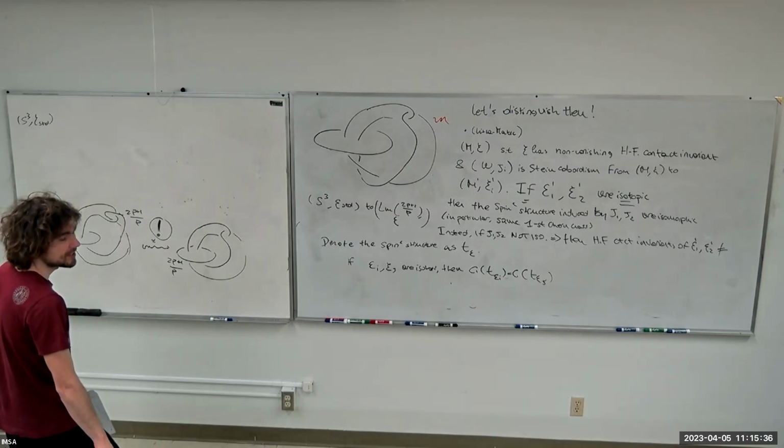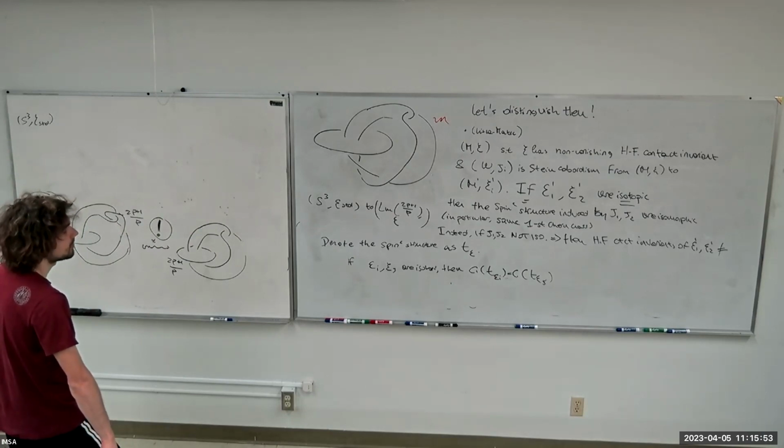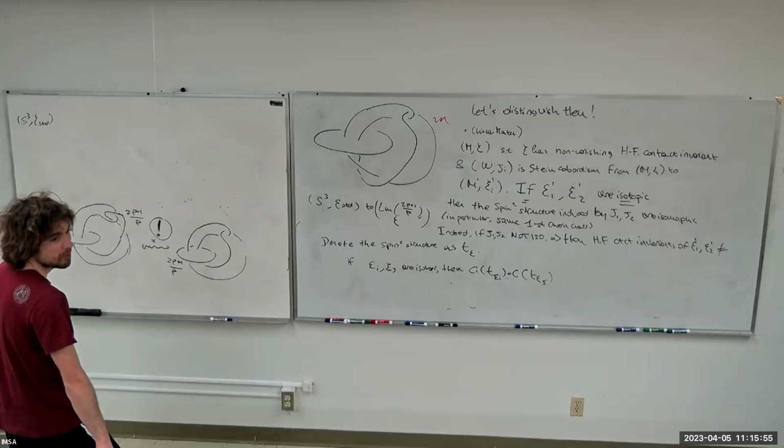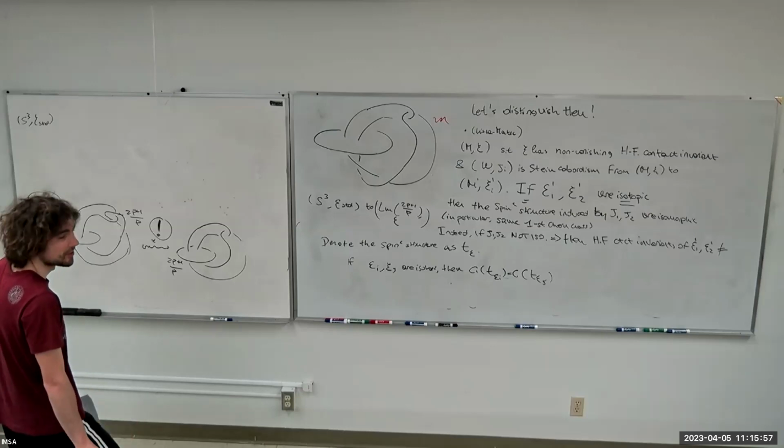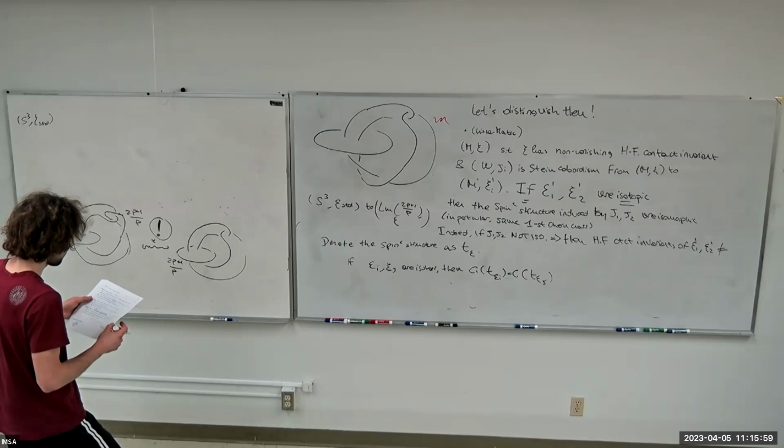I don't exactly know which result you're referring to. It's just that if you have a collection of contact structures, and it's the case where you have more than two, you can say something about the linear independence. Probably. I didn't see that result, so okay. Probably maybe this. I don't know. Only one came before the other.